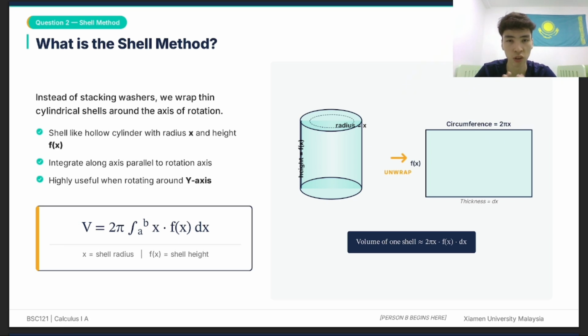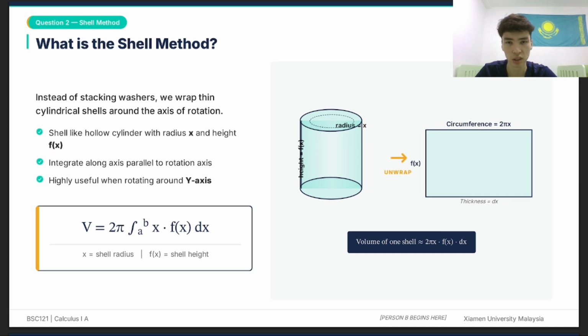By unwrapping one of these shells, we see it's essentially a rectangular strip of thickness dx. The volume of one shell is approximately its circumference, 2π multiplied by x, times its height f(x), times its thickness dx.